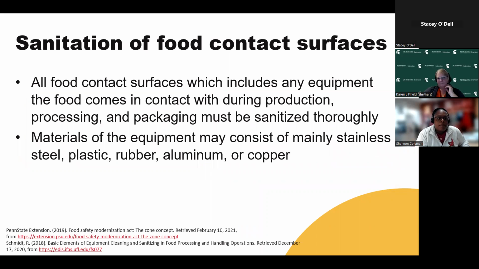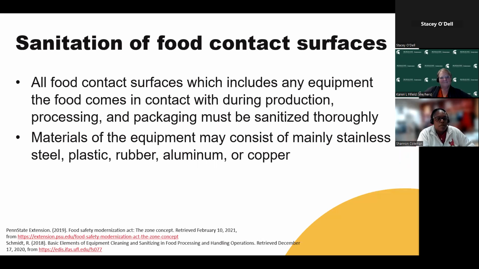All right, more information about sanitation and food contact surfaces. All food contact surfaces, including any equipment that the food comes in contact with during production, processing, and packaging, must be sanitized. And so when we talk about food contact surfaces, we're talking about zone 1, according to the zone concept. And actually the resource that I'm using for this came from your state, Karen.